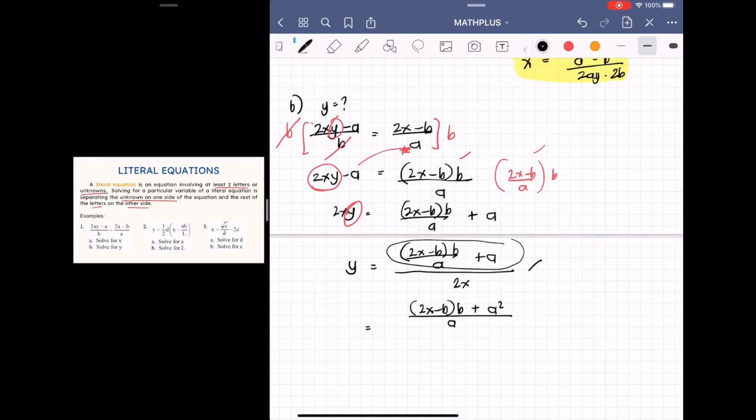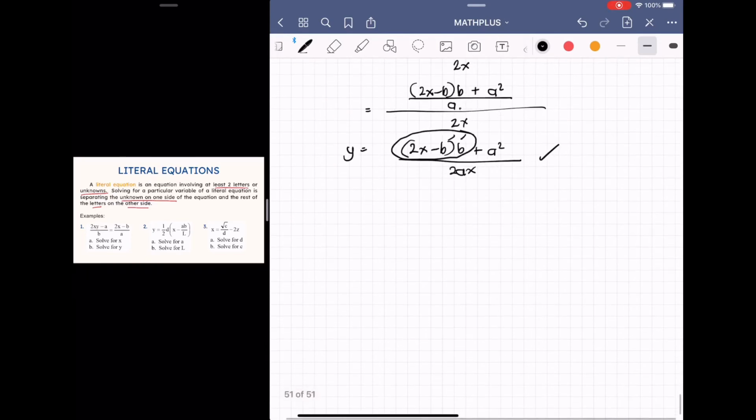That's a divided by 1, times a. So we have a squared all over 2x. In that way, I can simplify that as [(2x - b) times b plus a squared] all over 2ax. You can expand this term, depending on your need in your equation, but this is already considered correct.